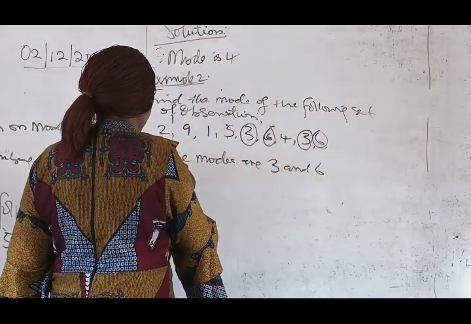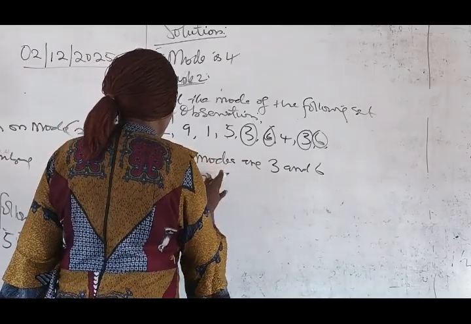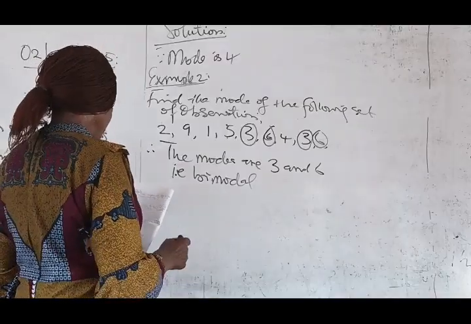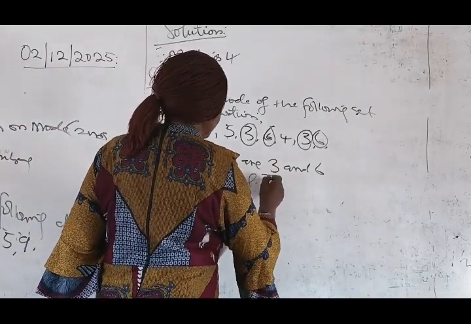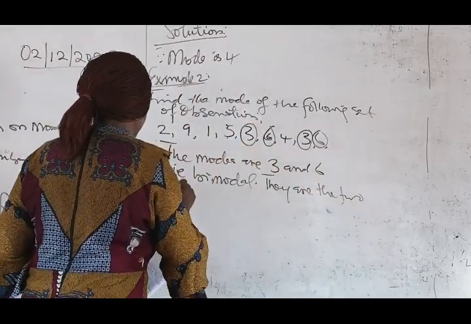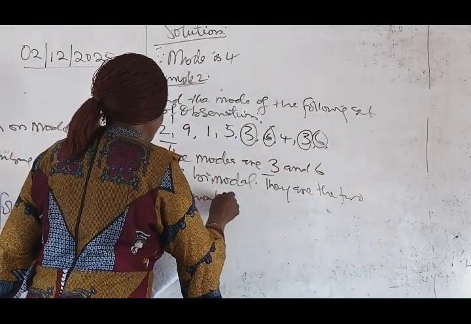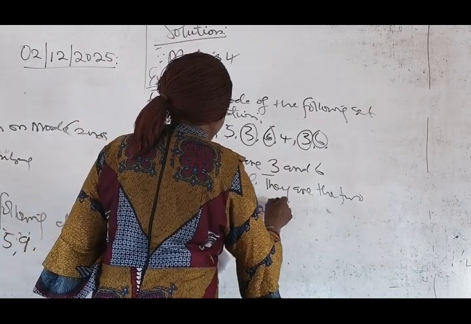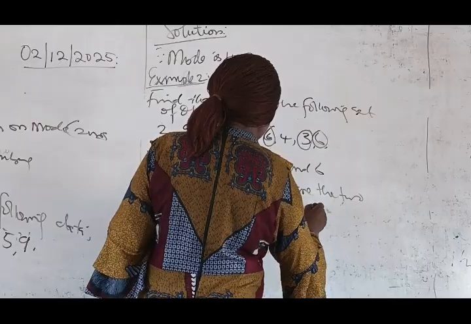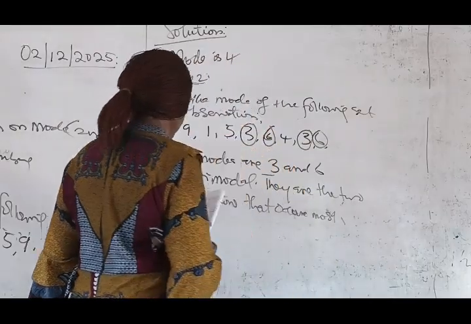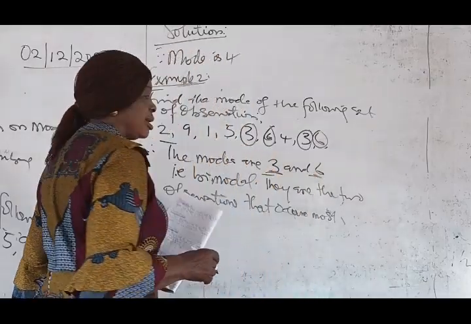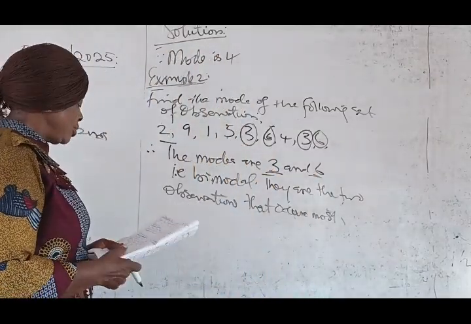And that is what we call bimodal. They are the 2 observations that occur most. So the modes are 3 and 6, and that is what we call bimodal.